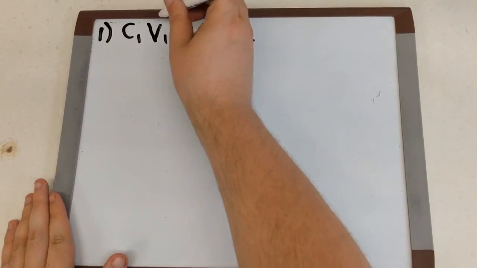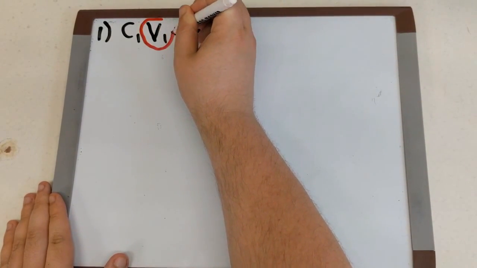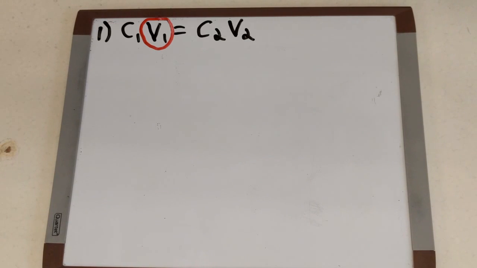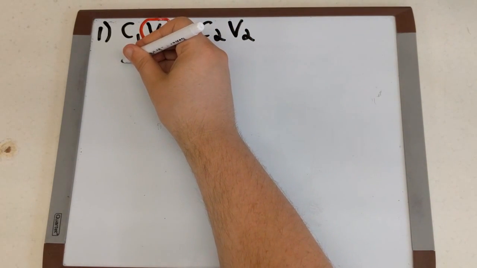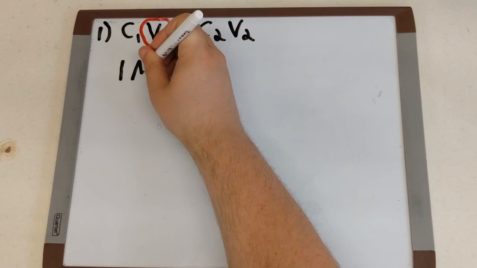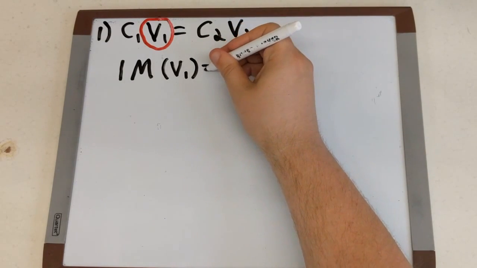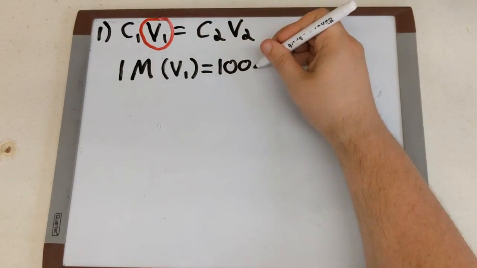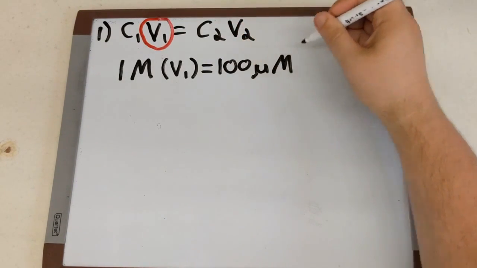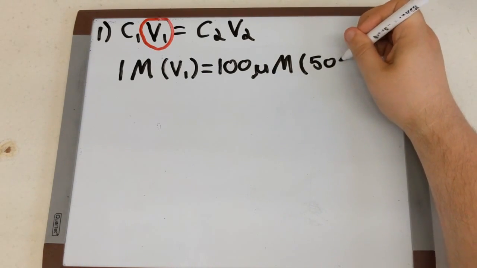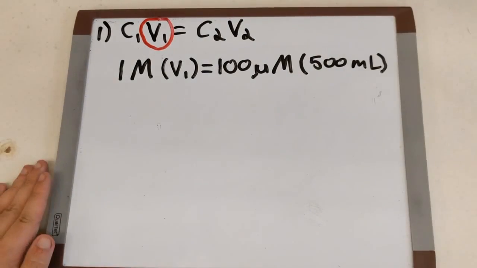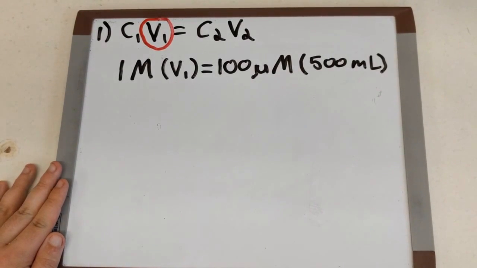So let's go into our first example of a C1V1 dilution. We're solving for V1 here, and our example is going to use a 1 molar stock concentration. We're trying to find the V1, how much we need of this 1 molar stock to make our 100 micromolar, 500 milliliter final solution.